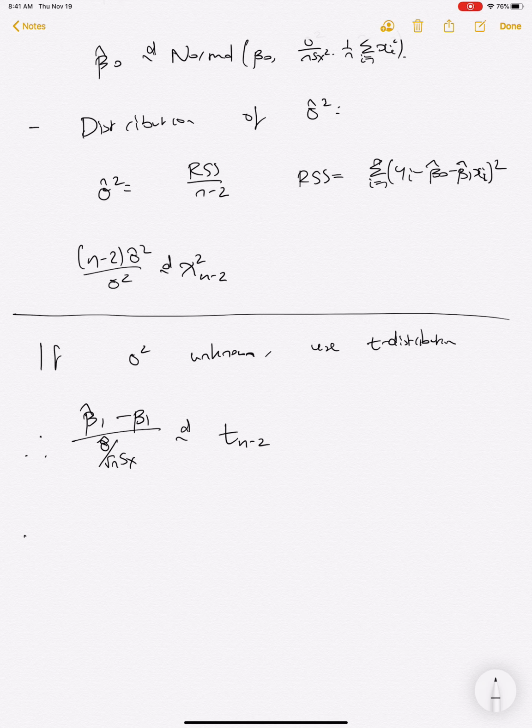And then we also have that beta hat 0. If we look at beta hat 0, that's also going to have a t distribution once we renormalize properly.